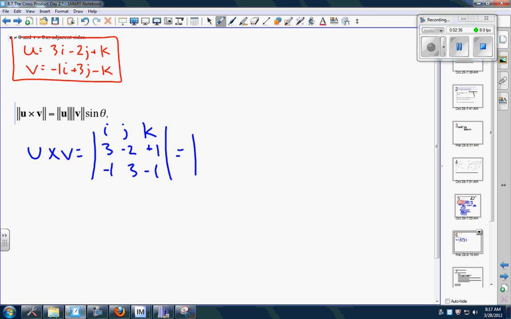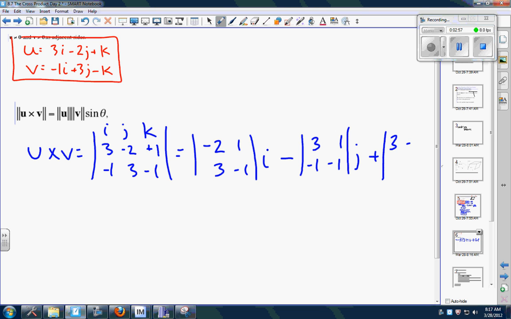So I'm just going to kind of cover them up. I know you guys can't see that, but there's what we get for i's. The second one goes minus, so we got to cover up the j's now. The last one goes plus. We got to cover up the k's.